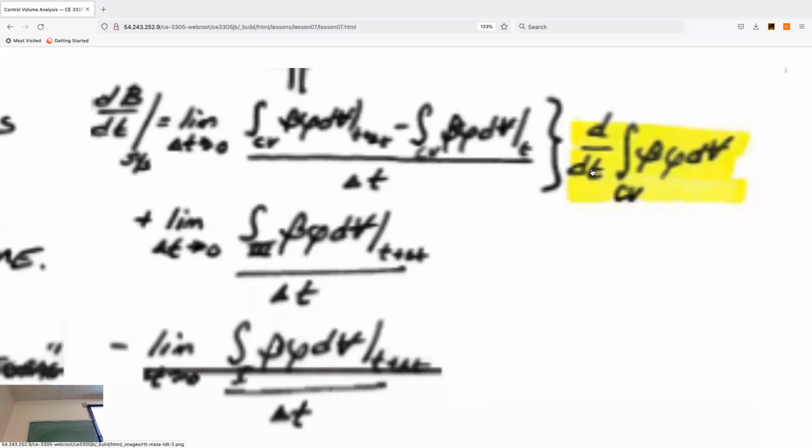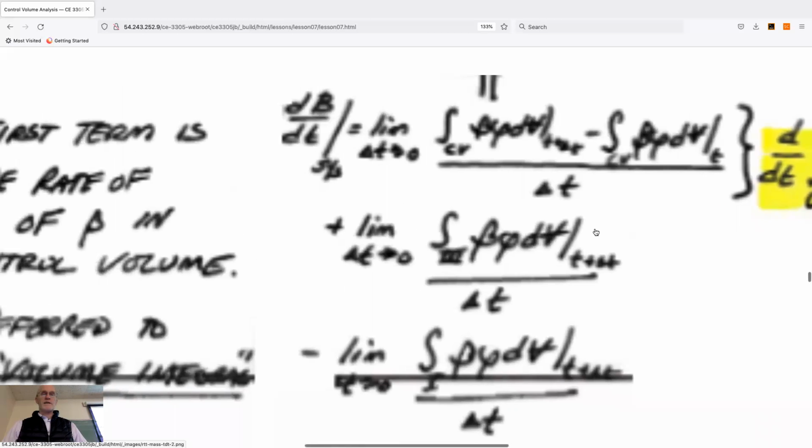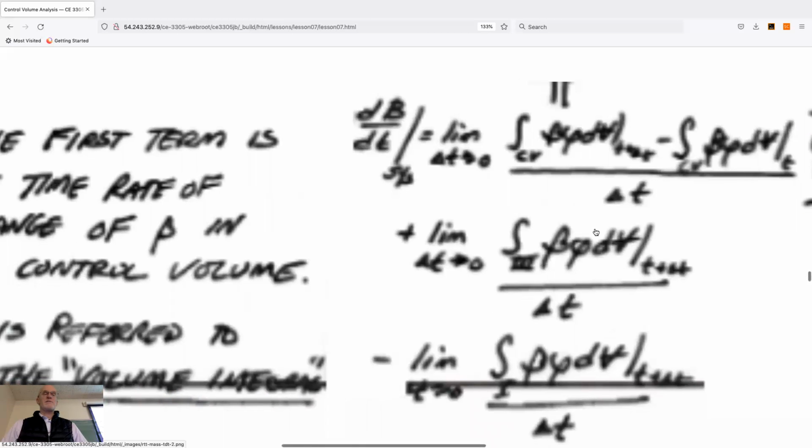If the density is constant and the volume doesn't change, that integral will evaluate to 0. d by dt of something that doesn't change with respect to time is 0. Now, oftentimes that's not the case. Oftentimes the volume is changing or the densities are changing. But when both of them are not changing, that term vanishes. Unfortunately, it doesn't vanish reliably enough, so we've got to at least write it once.